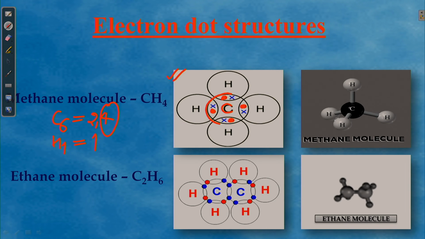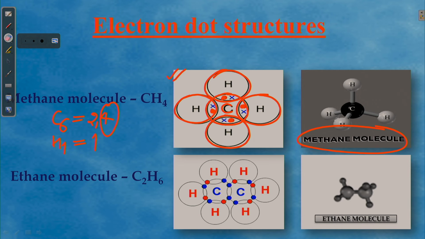After sharing you can see now carbon has 8 electrons and all the hydrogens have 2 electrons, and we can say that in this structure all the elements are now stable. So, this is the tetrahedral structure for the methane molecule.